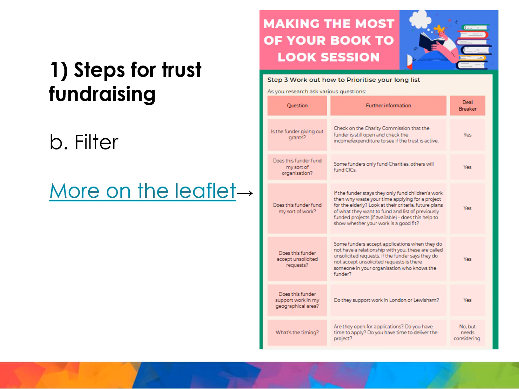She uses the acronym DEEP, checking out what the deadline is. If they're a closed project, or if the deadline is ages away, you might not look at them straight away. You might record them, which is our next step. But in particular, I want to focus on the eligibility, exclusions, and project fit.